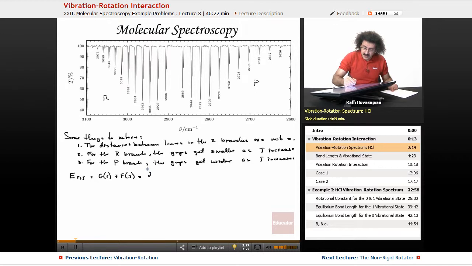We had hν̃ (v plus 1/2) plus this constant B times J(J plus 1). And again, v goes 0, 1, 2, and J equals 0, 1, 2, and so on.